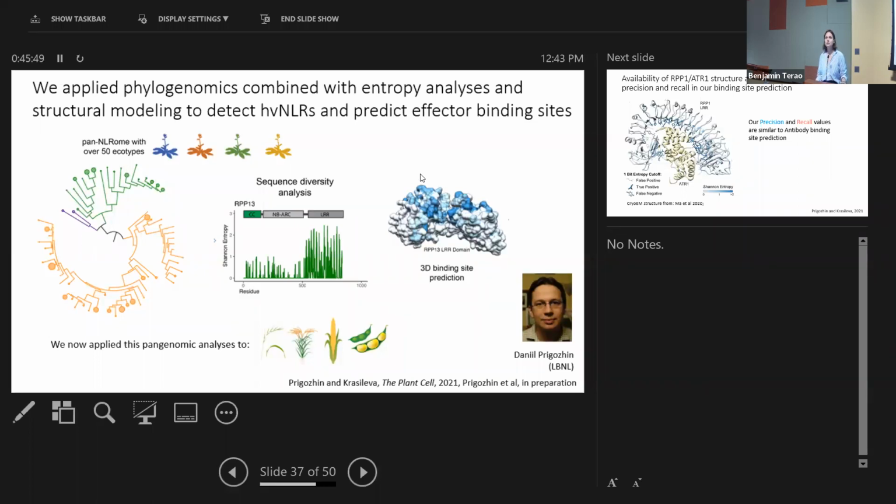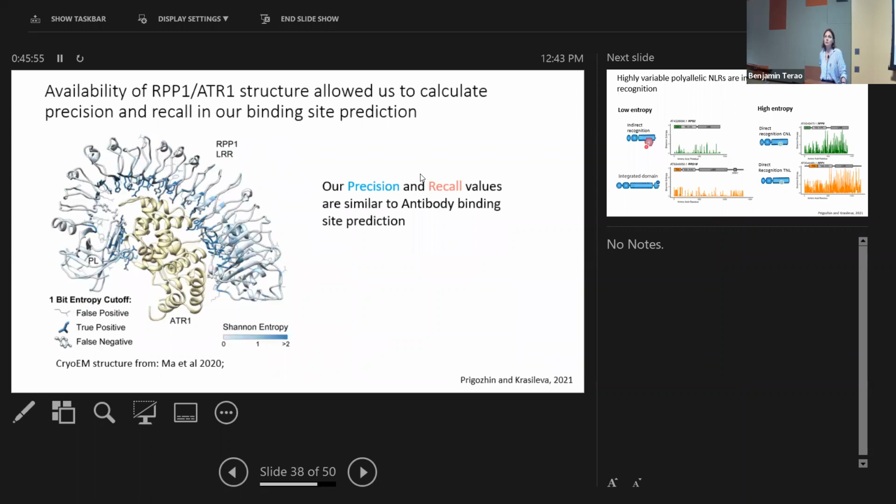When this paper was in review, we were very lucky that a real answer came out. We did all of this without knowing what the ligand binding sites actually are in any of these receptors. The real answer came out for one of the Arabidopsis NLRs called RPP1, and this is the leucine-rich repeat module from it, binding an effector called ATR1.